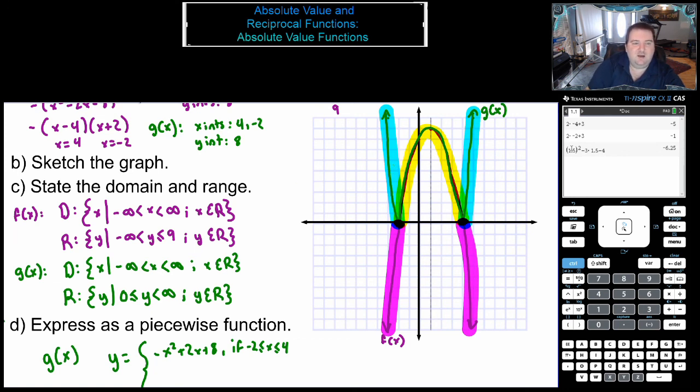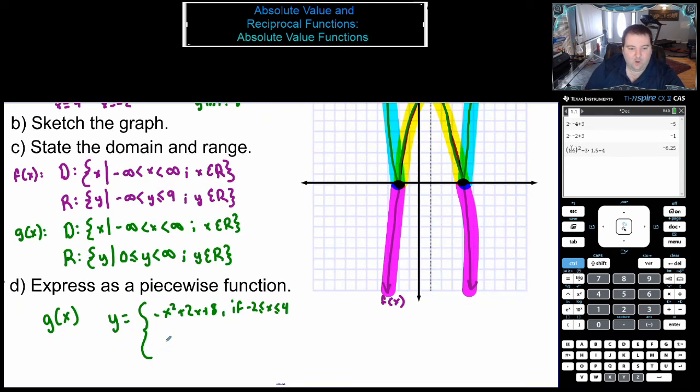So how do we say that our functions have become positive? Well, since all of our original values, so -x² plus 2x plus 8, so this is our original function. Our second piece is that all these y values in the original function have become positive. And we write that by saying it's the negative times the original function. So all these y values that are negative multiplied by this new negative out here is going to turn them positive. So that's the second piece.